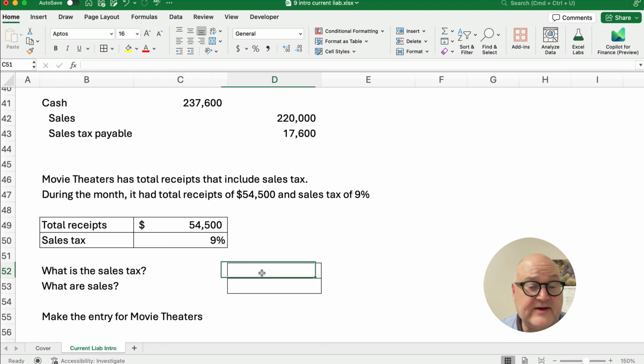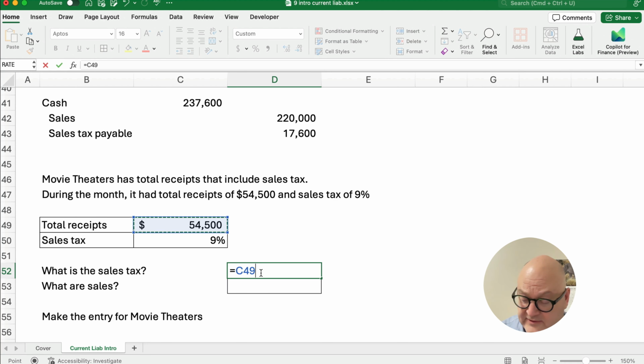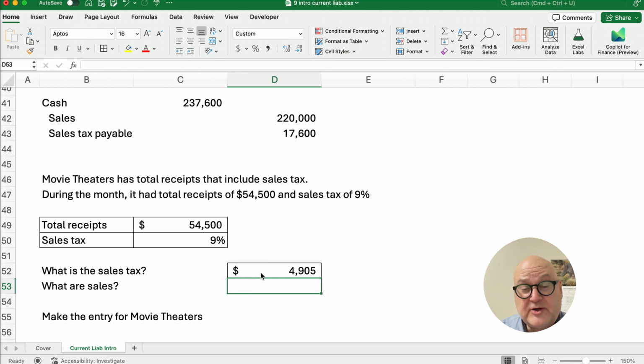So what is the sales tax? Now, if you're not careful, you say, I understand, I got it, I'll just go do it real fast. You're tempted to take $54,500 times the 9%, and that's going to be a little bit too high. All right, because here's the point. We're given total receipts, which is revenue plus tax.